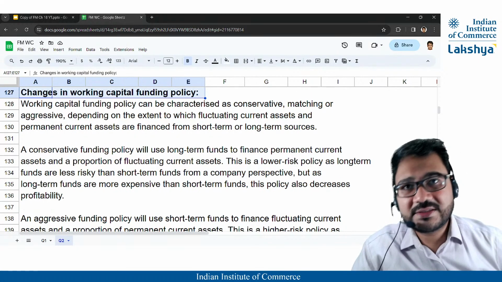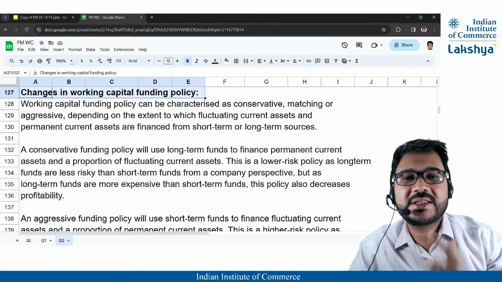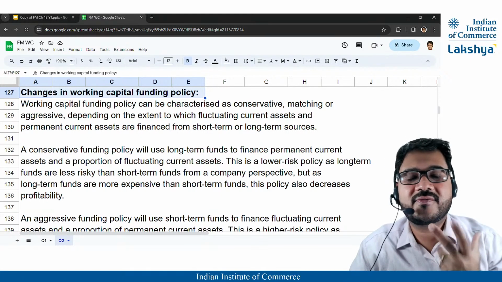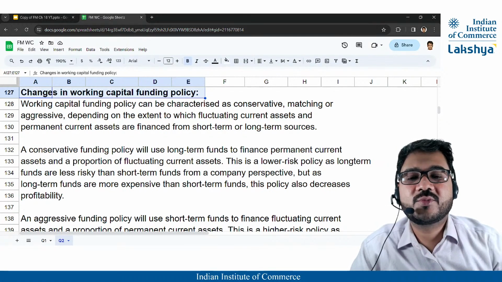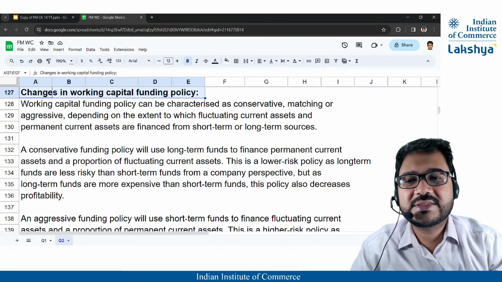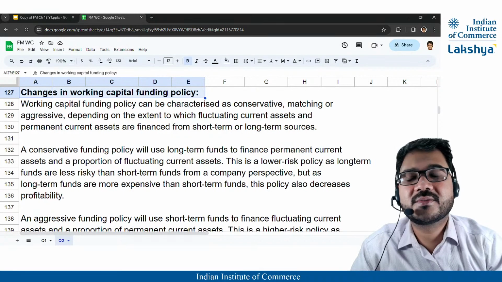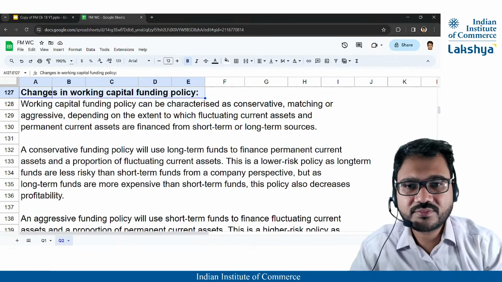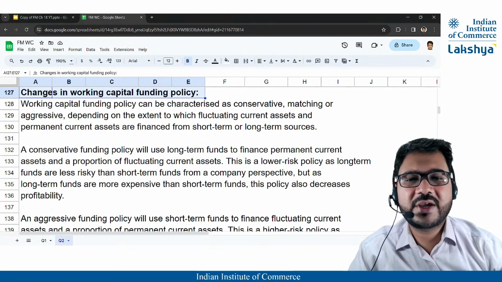Okay. In conservative, you are opting for a more stable source of funding, that is long-term source of finance. But long-term source of finance is more expensive. So therefore, your profitability will get sacrificed, but at least you have liquidity. Because if you take a working capital loan, you may have to pay it within 6 months, within 1 year.